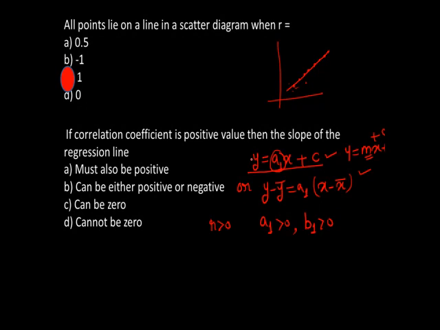Okay, I think this is the new thing which you must have learned here. So far we were considering this as a regression coefficient of y on x, but if I compare it with the slope intercept form of the line, this plays the role of the slope of the regression line. Therefore, the correct option is that the slope of the regression line must be positive. I hope this is clear to you all.